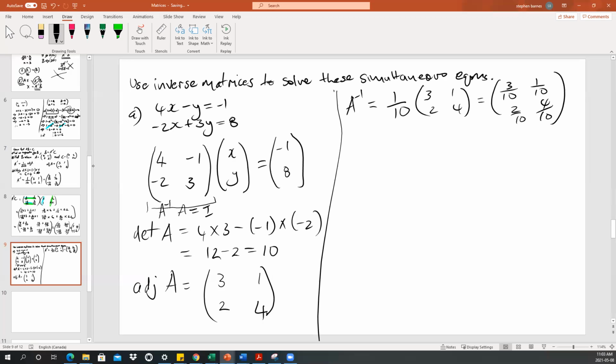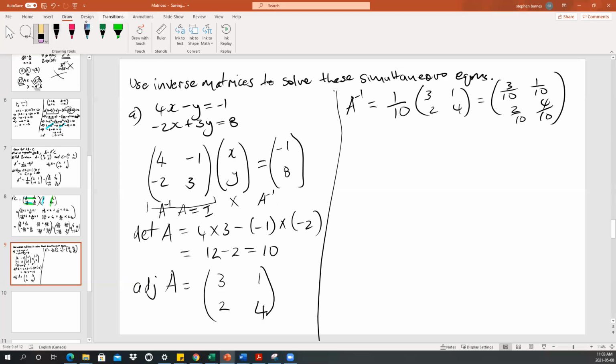Unless that is the case, don't do anything to this side. But to this side, it's A inverse multiplied by, call this matrix B, and then call this matrix X, for argument's sake. As some people say, call this X. All right, let me call this X and then call this B. Yeah, I think I prefer that way.